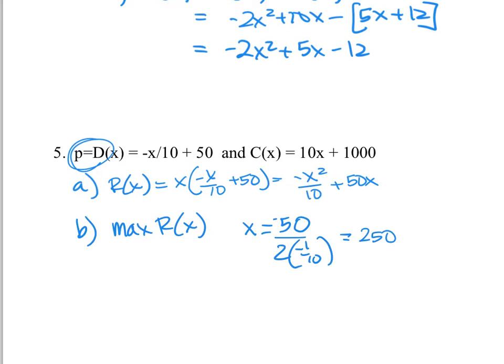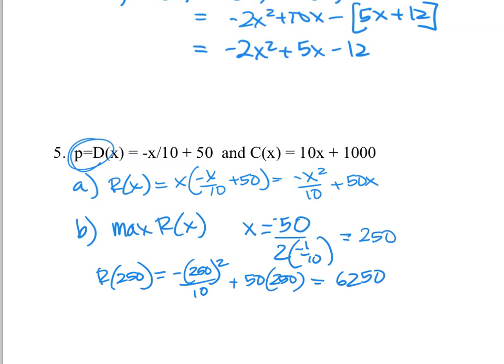So now we plug that value into the revenue function. So we would have negative the 250 squared divided by 10 plus the 50 times the 250. And we would end up with 6250. So that is our maximum revenue.